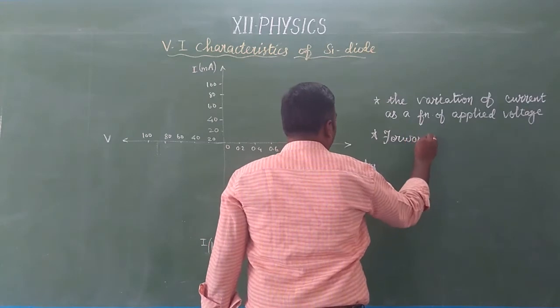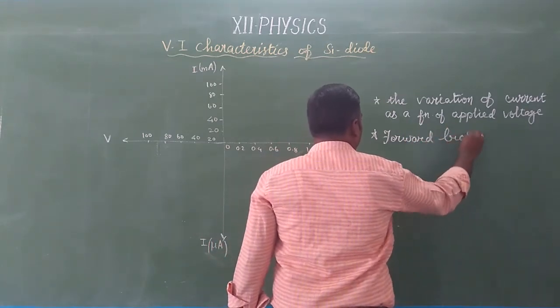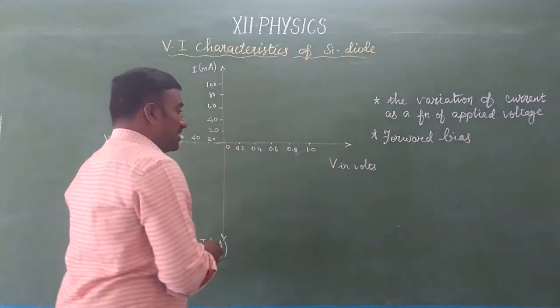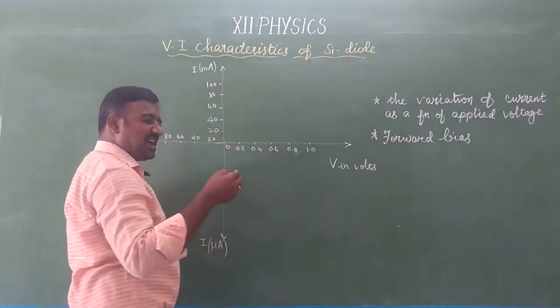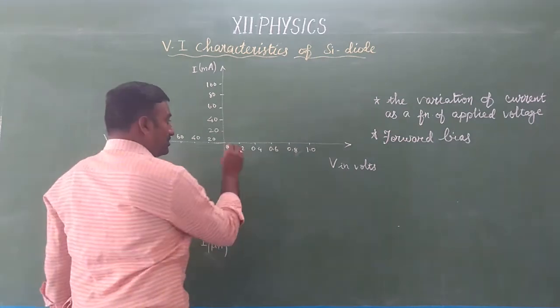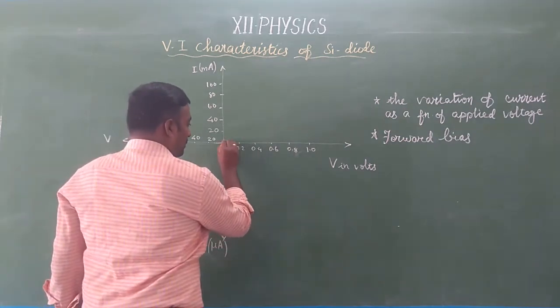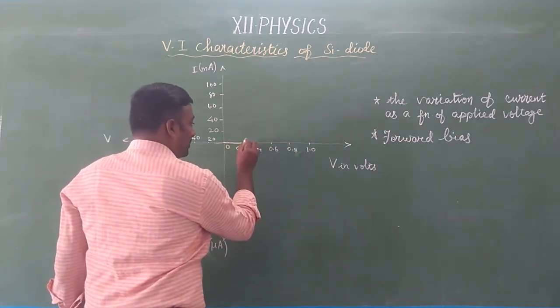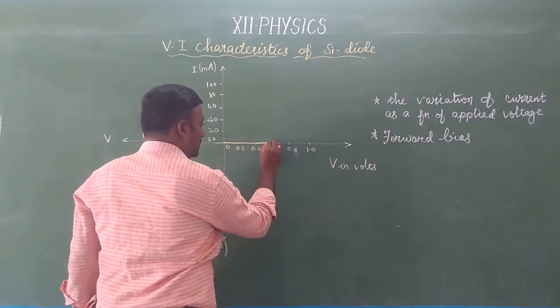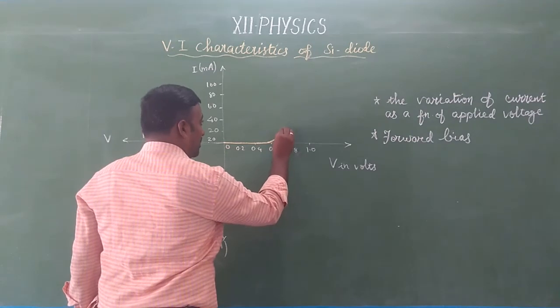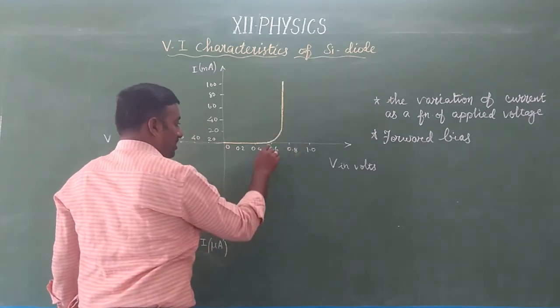Under forward bias, the applied voltage across the diode is given, but the current is almost negligible, though not zero. But gradually increase the applied voltage. You can notice that beyond a certain applied voltage, the current increases exponentially.